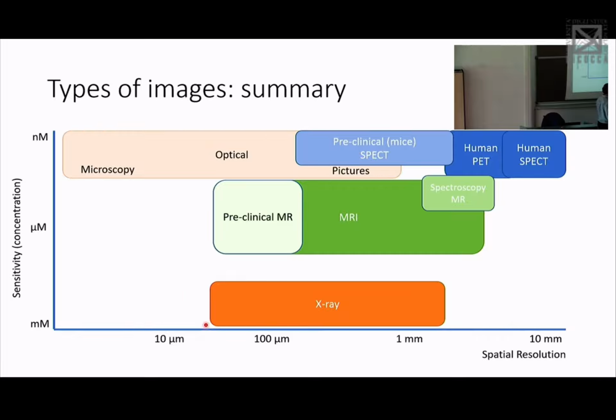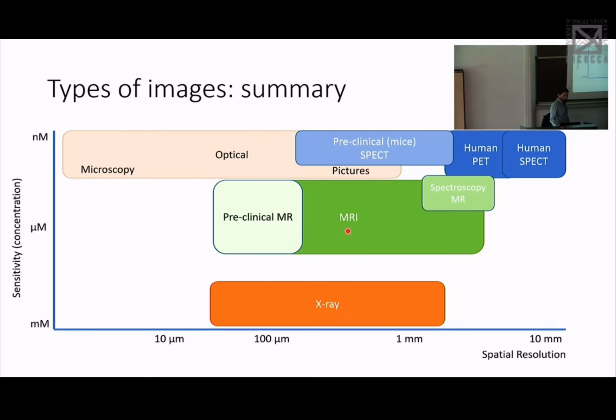Preclinical generally means mice and rats, or ex vivo specimens, which means samples that you have extracted, like a piece of a bone or things like that. But that's not in vivo anymore. This course will focus mostly on in vivo techniques. You can go down to 20 microns of spatial resolution, but it's not really sensitive to concentration of anything.